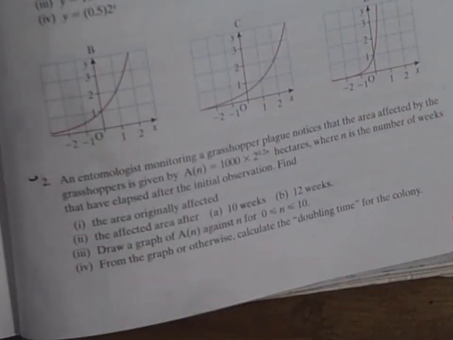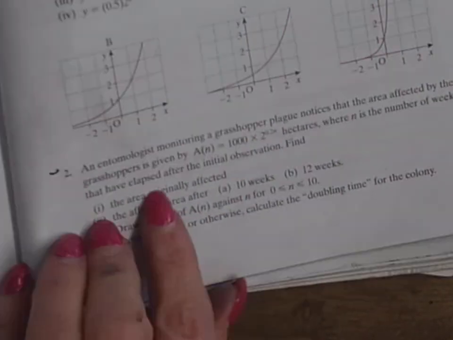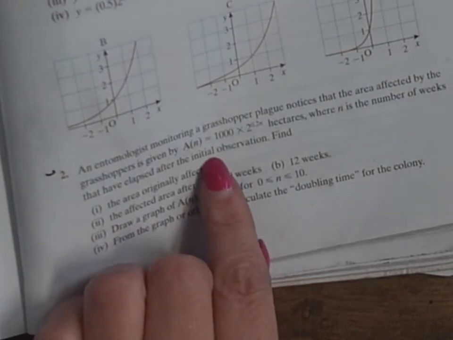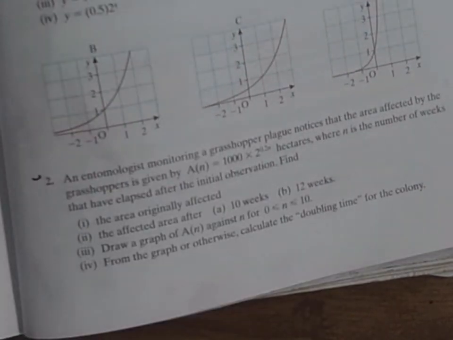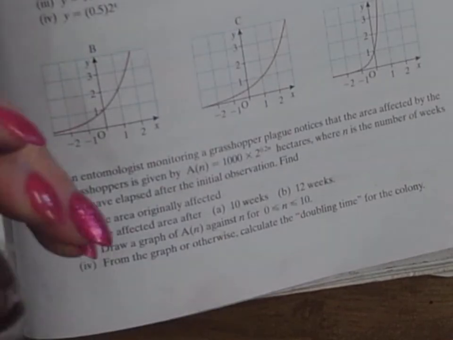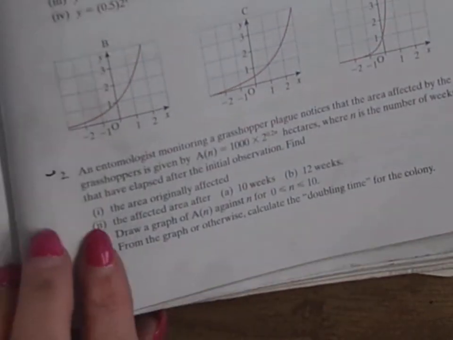There might be minutes, seconds, hours in other questions, but at the start, time is always 0. So it starts with n equals 0 weeks, n equals 1 week, n equals 2 weeks, etc. Is that alright?